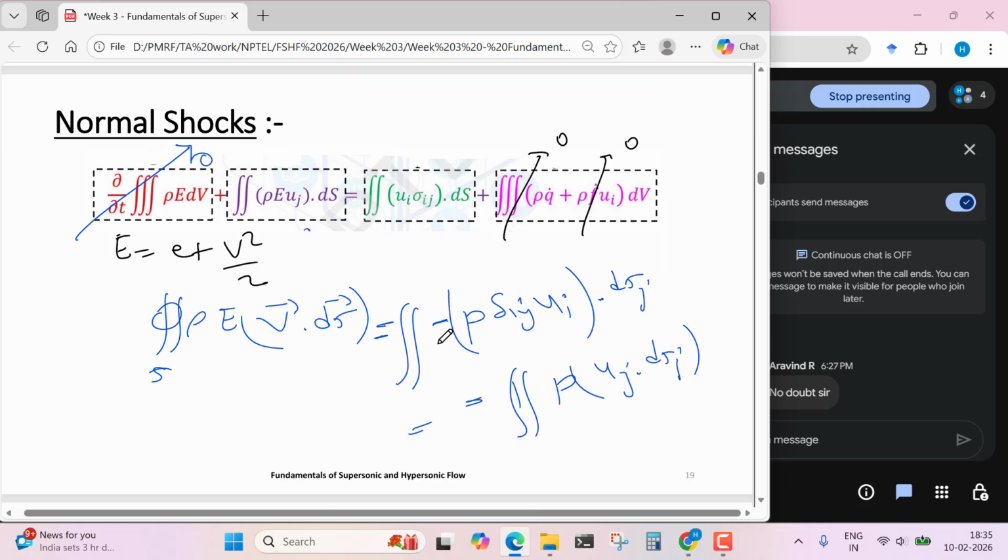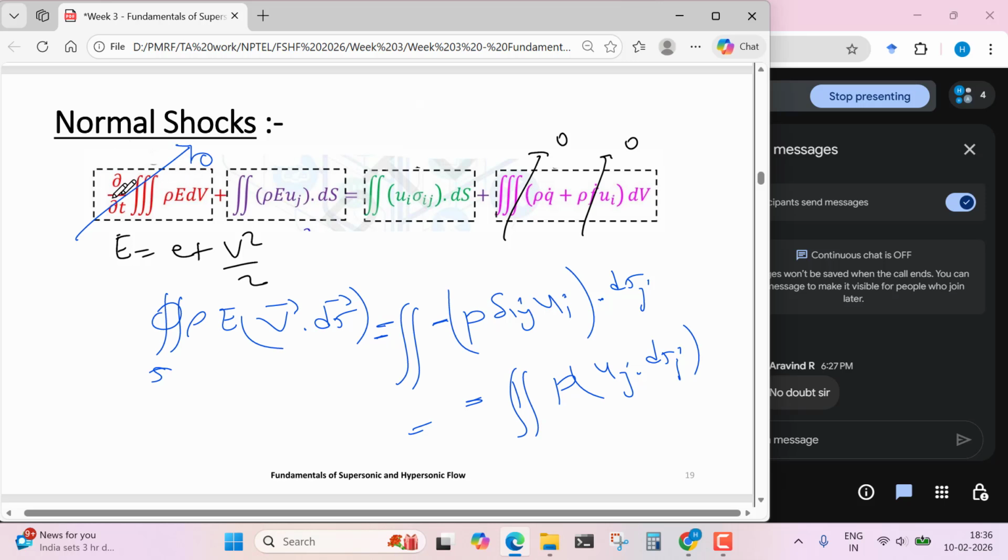We will see the energy equation also. The energy equation is given by dou by dou t triple integration rho e dV plus double integration rho e uj dot dS equal to double integration ui sigma ij dot dS plus triple integration rho q dot plus rho f dot ui dV.